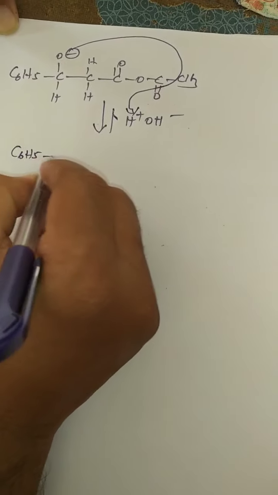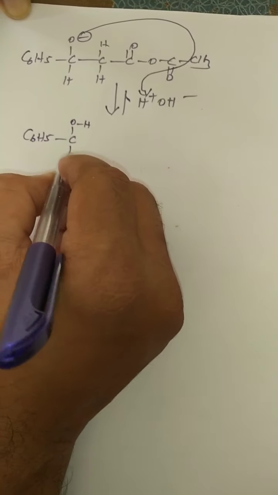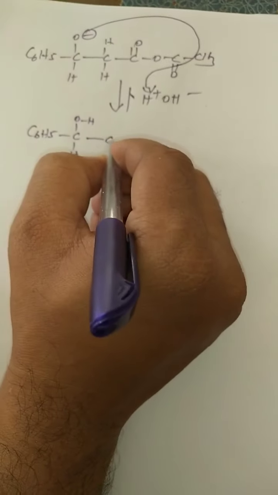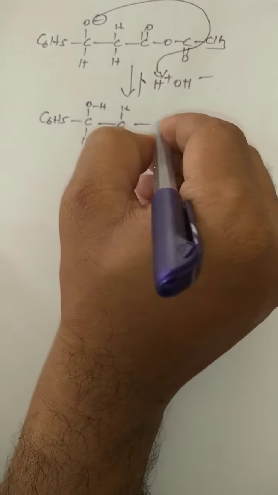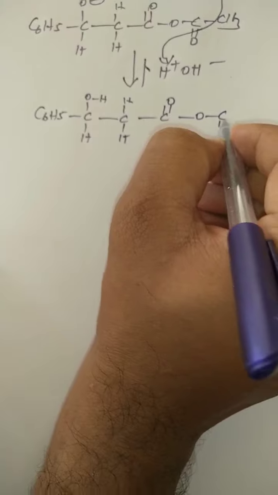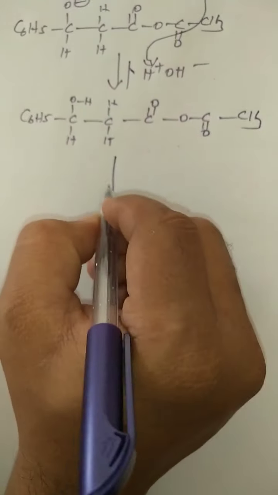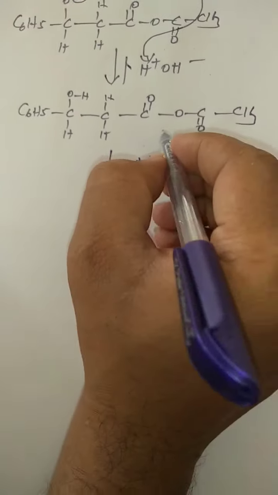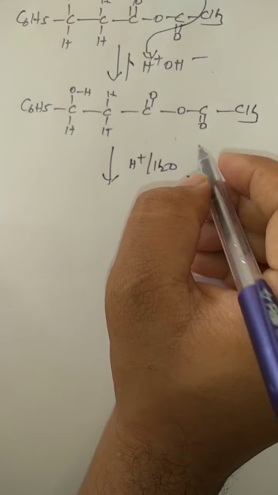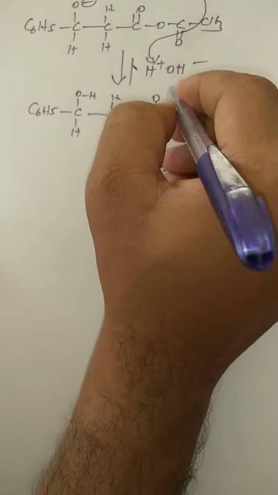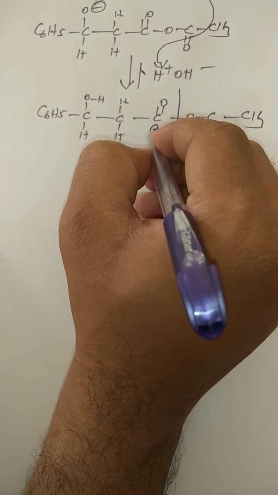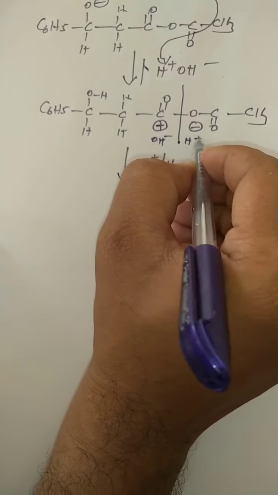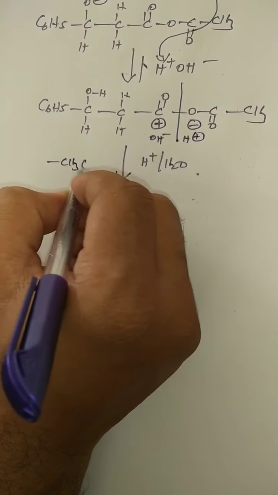So finally, C6H5CH(OH)CH2COOCOCH3. Now this undergoes acidic hydrolysis. Here the bond gets cleaved, here plus, here minus. This side OH minus, this side H plus. So here also acetic acid is eliminated.